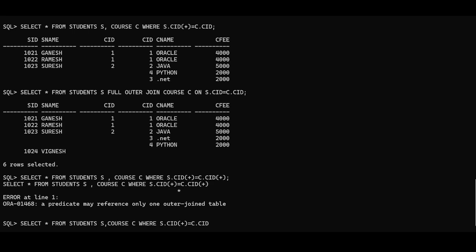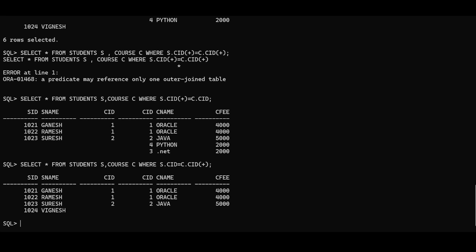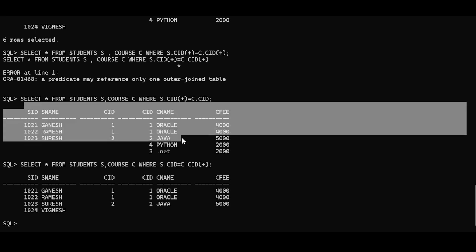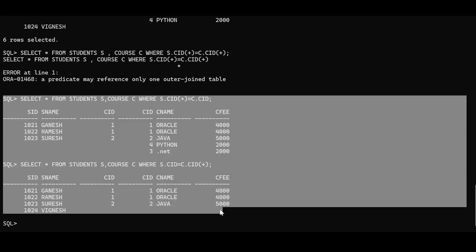Okay, I have taken the right outer join separately. I'm going to take the left outer join separately. Now this is the result of the right outer join, this is the result of the left outer join. I want to join these two resultant tables.